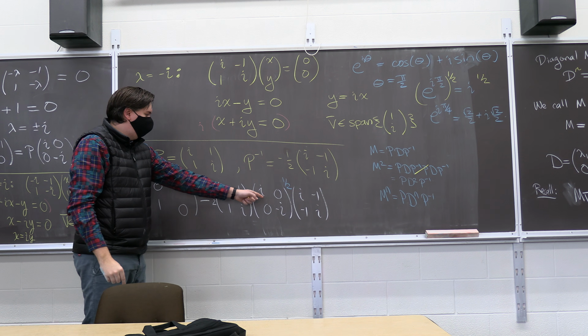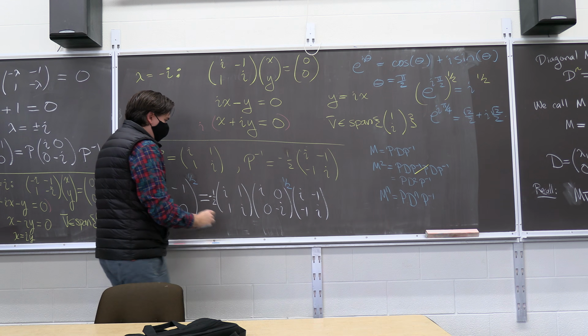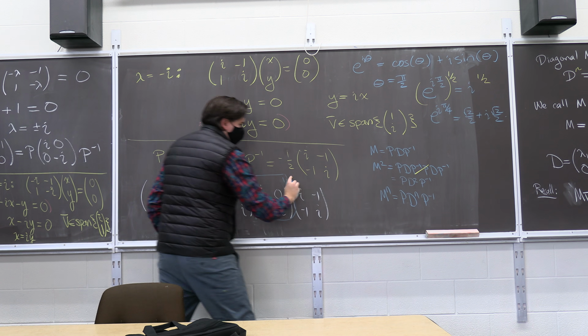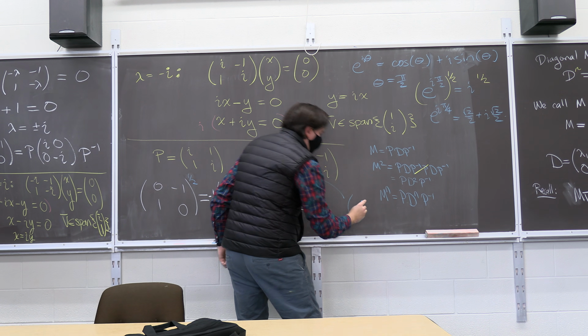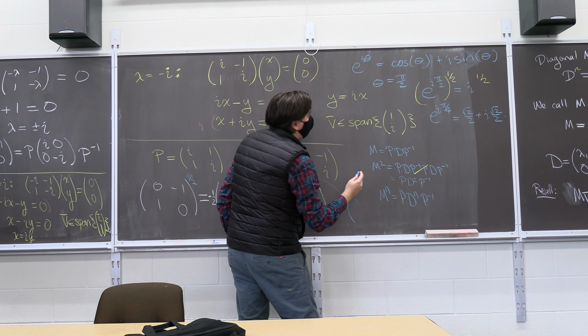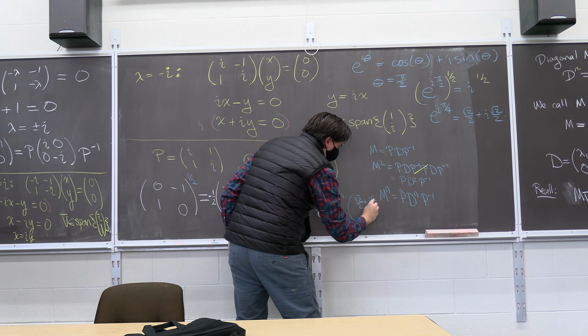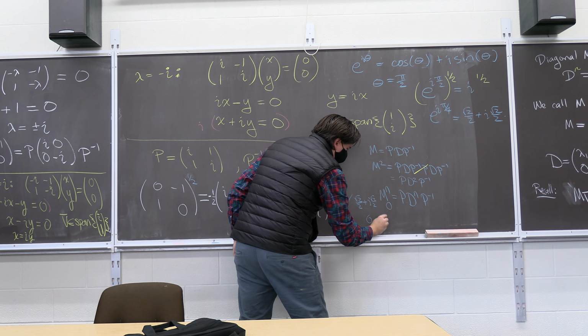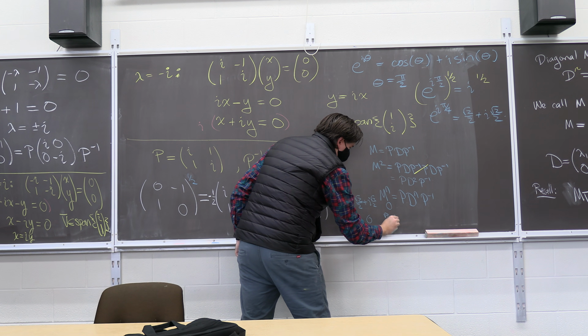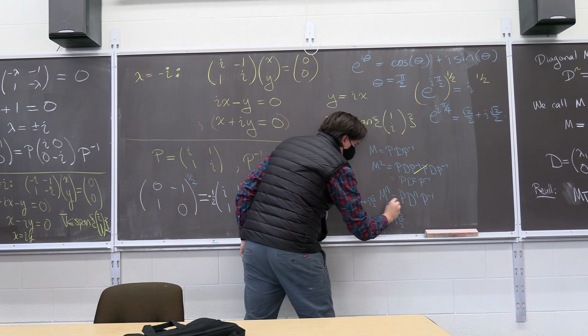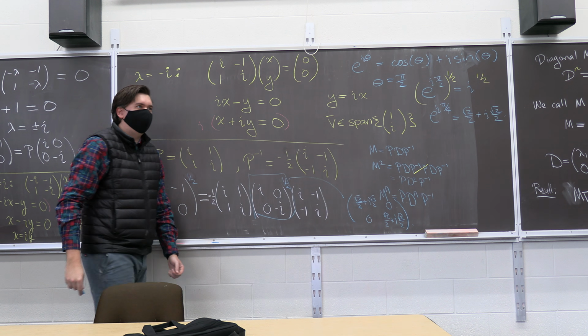So this guy in the middle is just the matrix root 2 over 2 plus I root 2 over 2, 0, 0, root 2 over 2 plus I root 2 over 2. Like that's what it is.